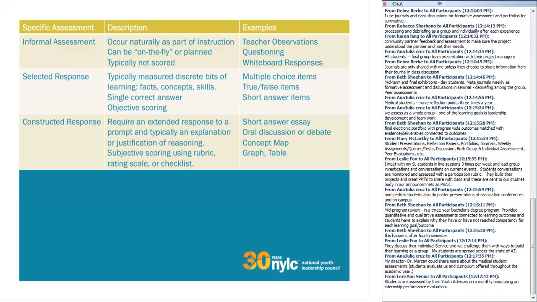It requires more than a yes or no answer or multiple choice. They have to justify their thinking so that you can really see the process and how they reach this point. And because there is no right or wrong answer, rubrics are one of the best ways to assess in this situation.